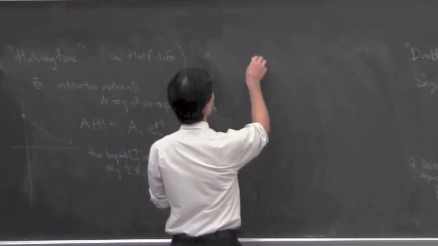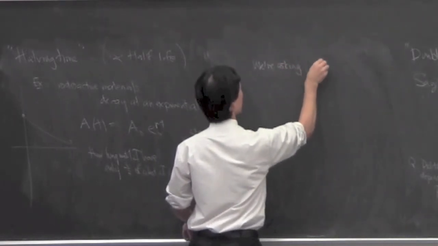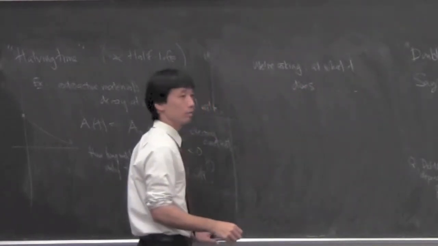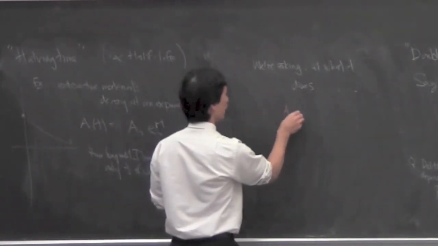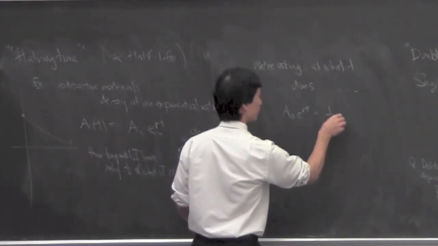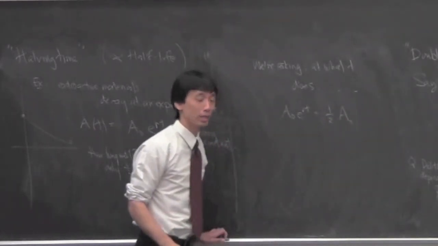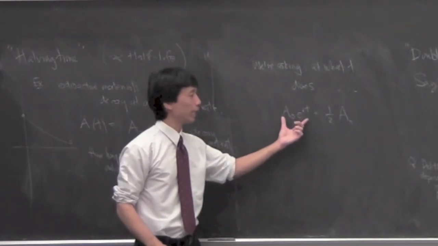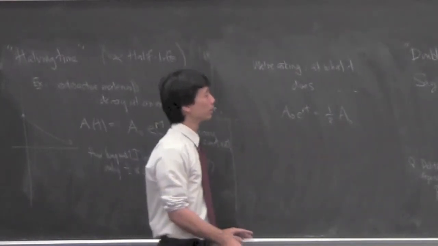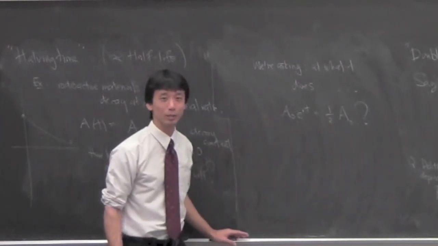We are asking, at what t does A naught e to the R t equal what? 1/2 of A naught. At what time does the amount that I have equal half of the amount that I initially started off with? Math as English.